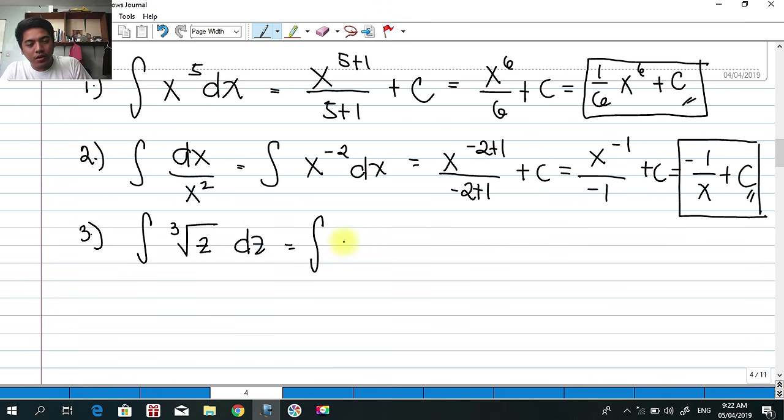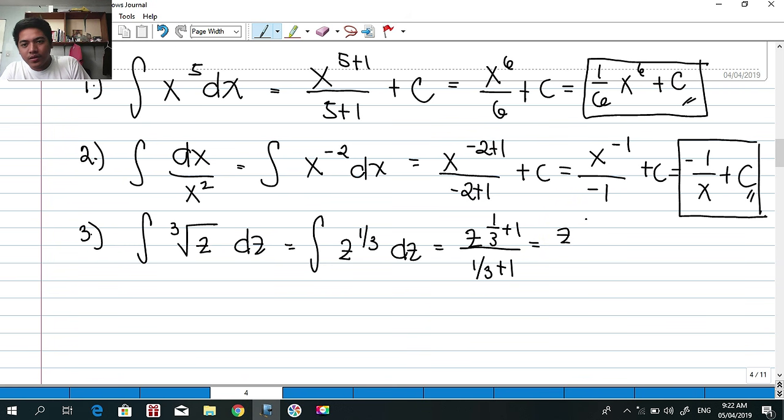So, that is equal also to the integral of z raised to 1/3 dz. So, we can use the power formula again: z raised to 1/3 plus 1 over 1/3 plus 1. So, 1/3 plus 1 is 3 times 1 is 3 plus 1. That should be 1/3 plus 1, 4/3, right?